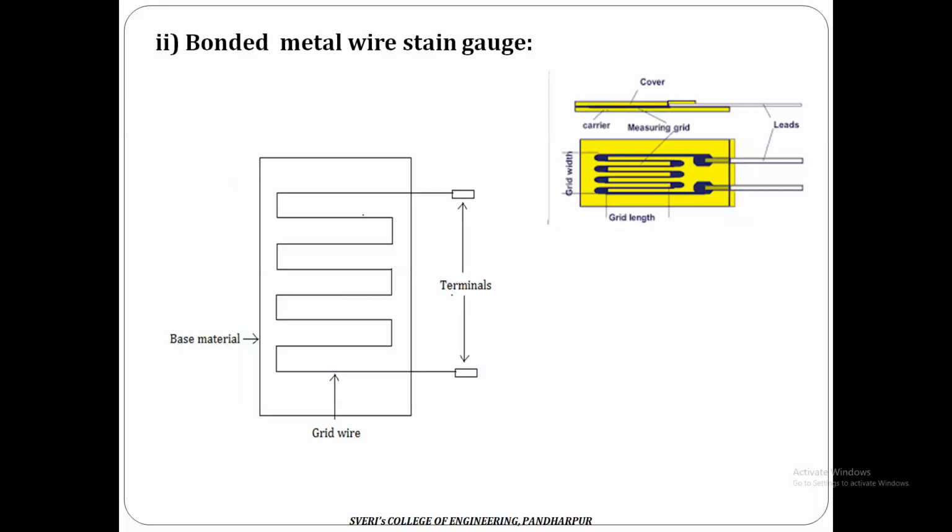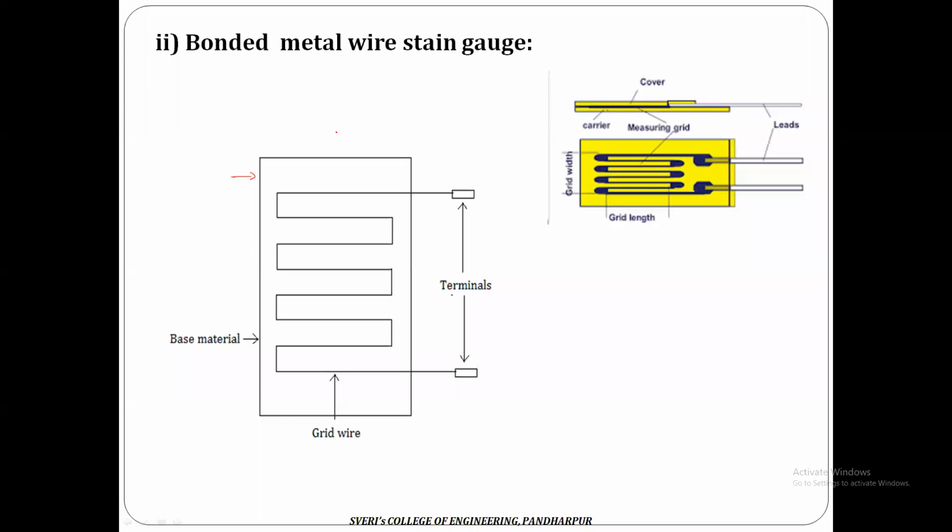So this is nothing but the base material, which you can consider plastic, paper, or cardboard type, and on that base material a small diameter wire is pasted, attached with some adhesive material in a zigzag position, and these are the two terminals.